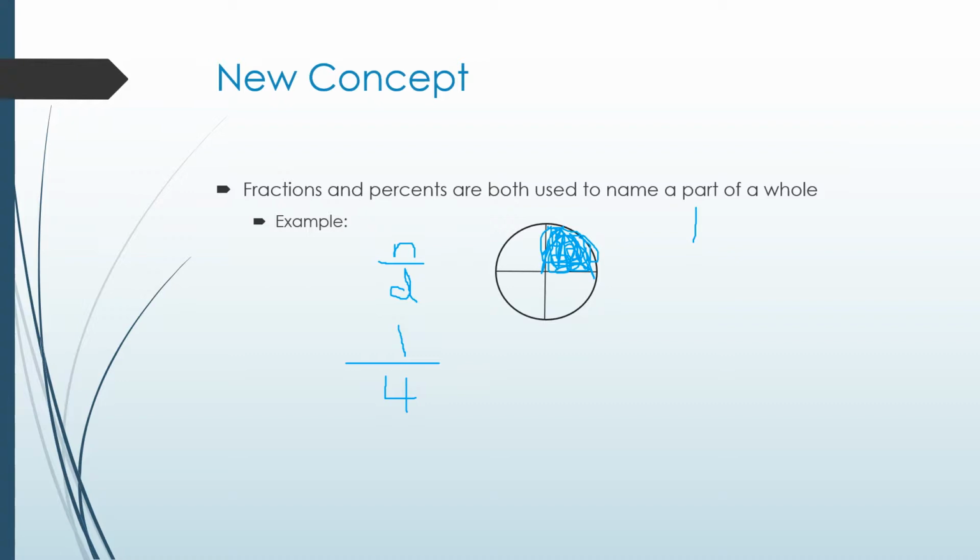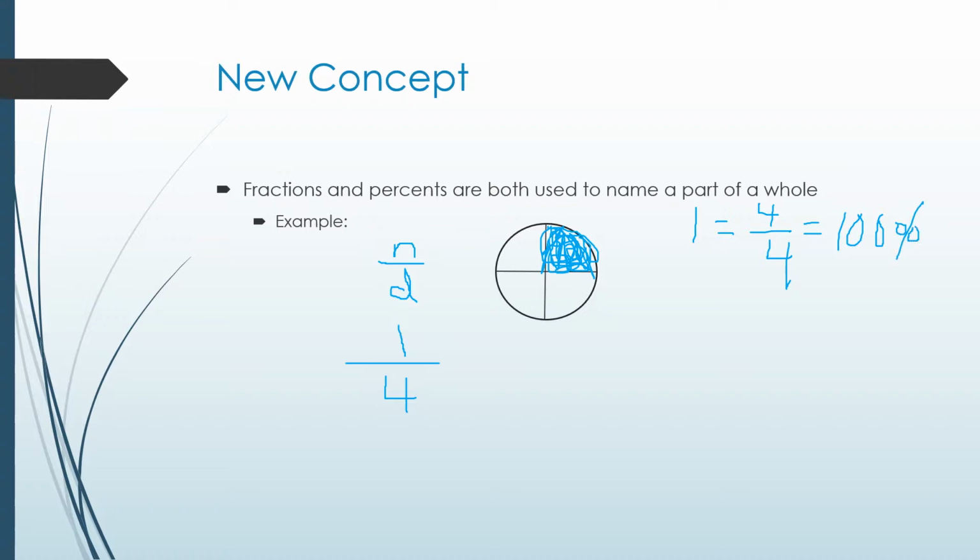If I ask the same question about what percent this is shaded, you have to think percent is always out of 100. So the whole circle would be, if I shaded 4 pieces out of 4, that would be the whole circle as a fraction. And as a percent, the whole circle would be 100%.